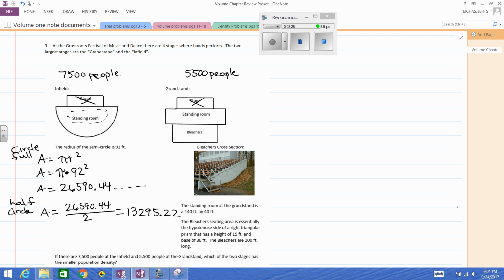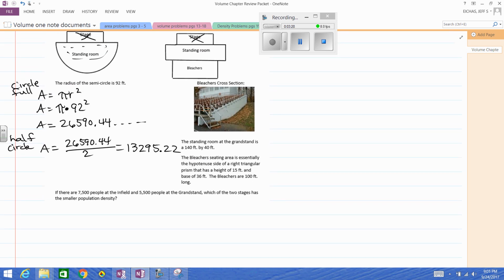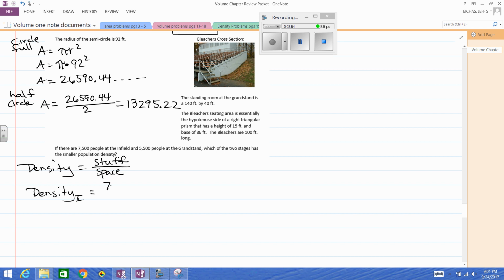And then we're going to convert that to a density. Density, what we teach, or at least I teach it, is stuff over space. I know that's not any technical term, but it seems pretty simple to me. So the density for the infield, we'll call it I for infield, is going to be the 7,500 people over a square footage of 13,295.22 square feet.